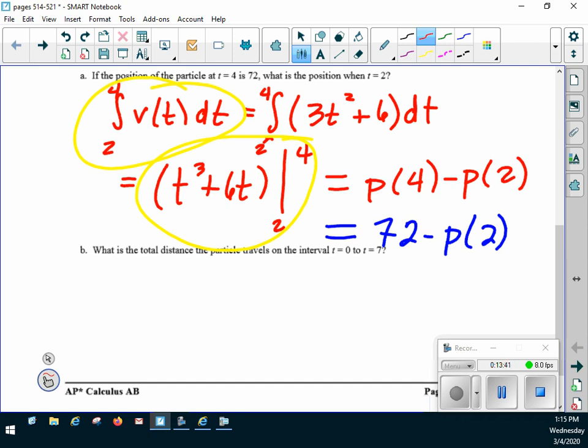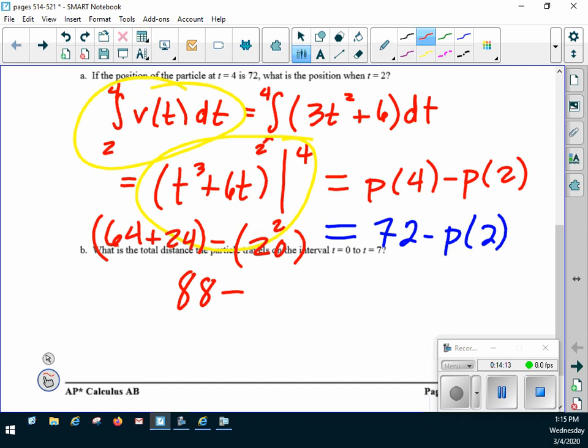If I evaluate this thing at 4, 64 plus 24, minus, evaluated at 2, 8 plus 12. So we've got 88. You're subtracting 20.